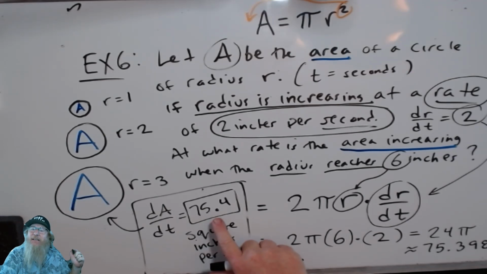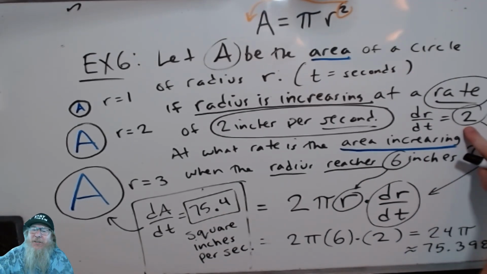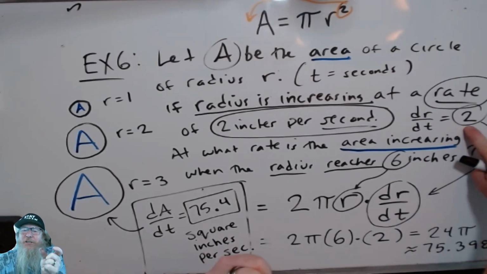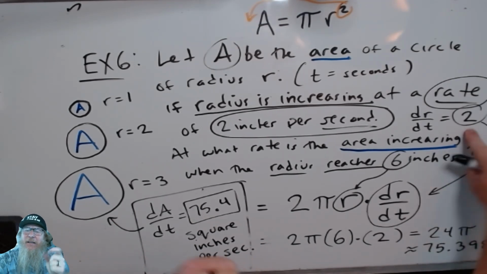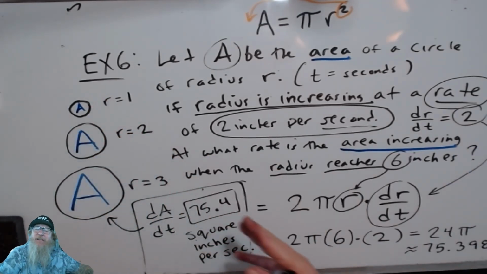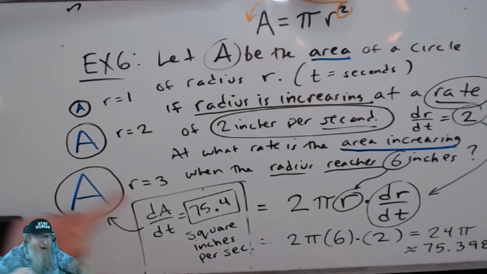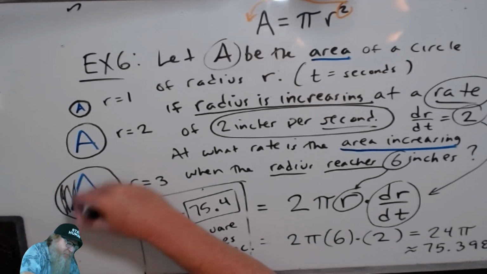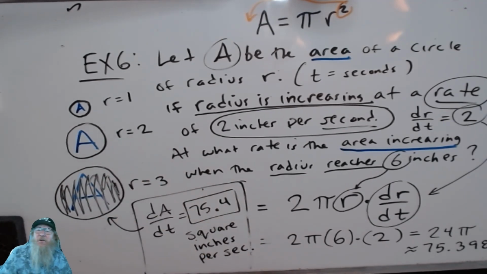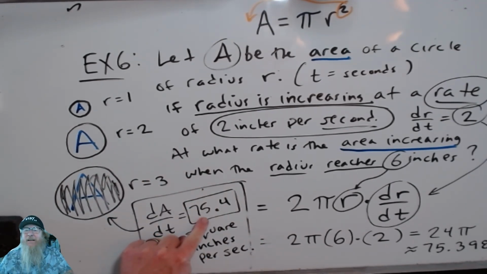It's a lot, yeah? Look at the radius, it's only getting larger by 2 inches every second. You think of this like an animation, right? Every second, the circle's getting larger and larger. But the area, the amount of space inside of the circle, is growing at a much larger rate, 75 square inches every second.